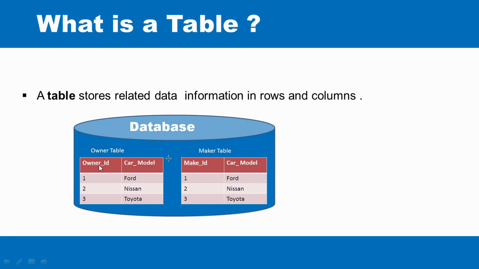So owner_ID is a column, car_model is a column, make_ID is a column, car_model is a column. Ford is a row, this is a row, this is a row. So rows go down vertically while columns go horizontally. So a table stores information in rows and columns.